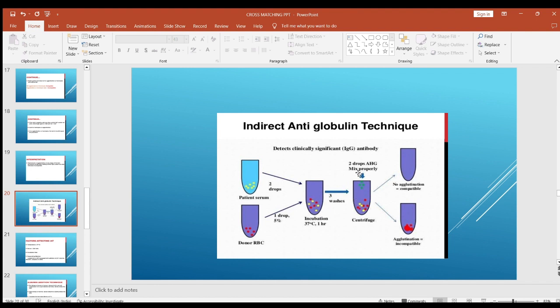Next, add 2 drops of AHG reagent, that is anti-human globulin reagent, and mix it well. Next, centrifuge the mixture and view for agglutination. If there is no agglutination, it can be compatible, but if agglutination or hemolysis occurs, it is an incompatible one. So we should not transfuse the blood from donor to recipient.